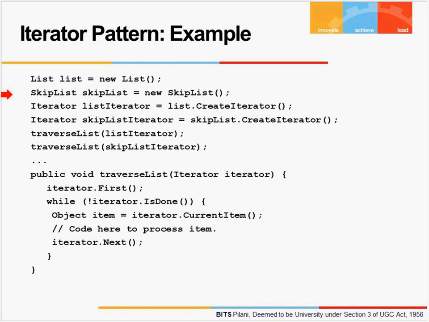I will obtain an iterator. For the list, I will invoke list.createIterator. It will return an object of list iterator, which actually implements iterator.